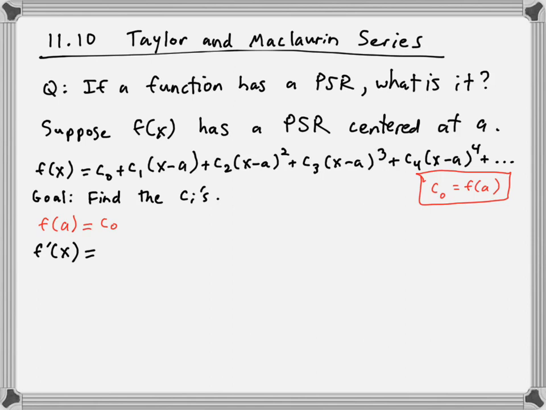So the c naught goes away. We're going to end up with c1 plus, by the power rule, 2c2 times x minus a plus 3c3 times x minus a squared plus 4c4 times x minus a cubed plus.